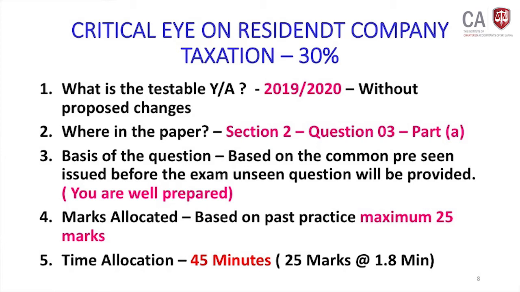Your position is a tax consultant, so you have to write more. Even though it's a writing paper, there are 25 marks allocated for calculation. Again, you must practice this.